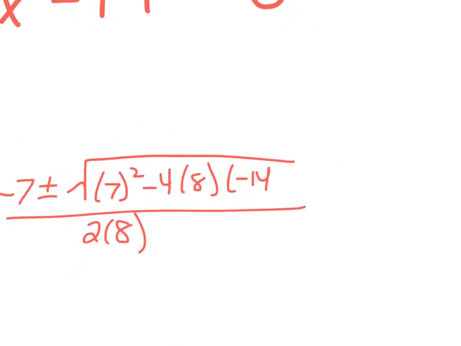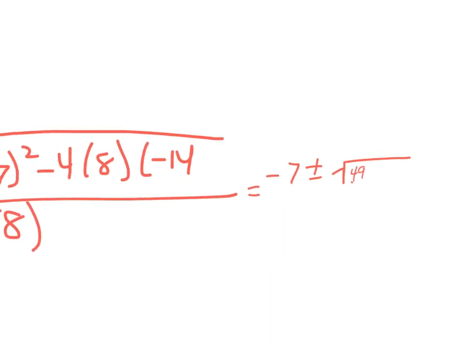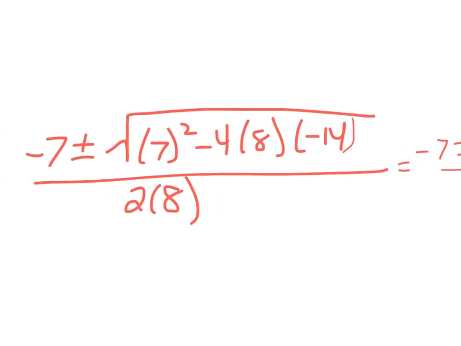Okay. So we have negative 7 plus or minus. What's 7 squared? 49. And can somebody tell me real quick, is it positive or negative? Positive, because there's 2 negatives. So plus 448 over what? 16.